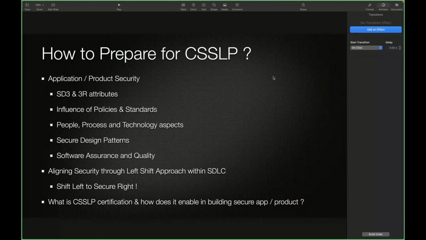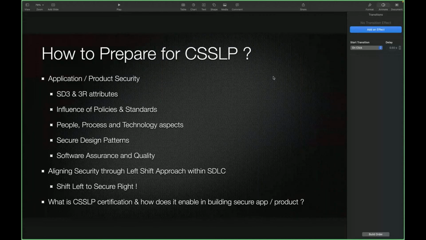From a CSSLP standpoint, the certification covers a broad spectrum of topics, across 8 different domains. It starts from the fundamentals of software concepts.